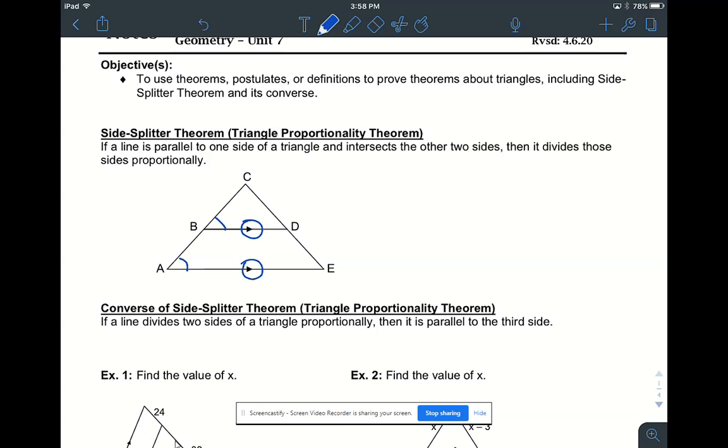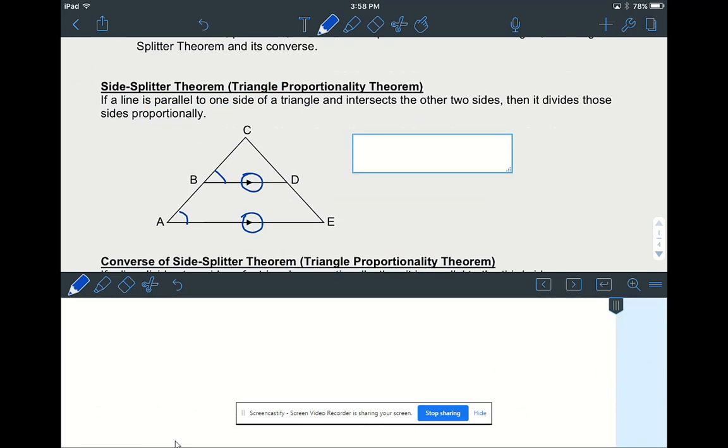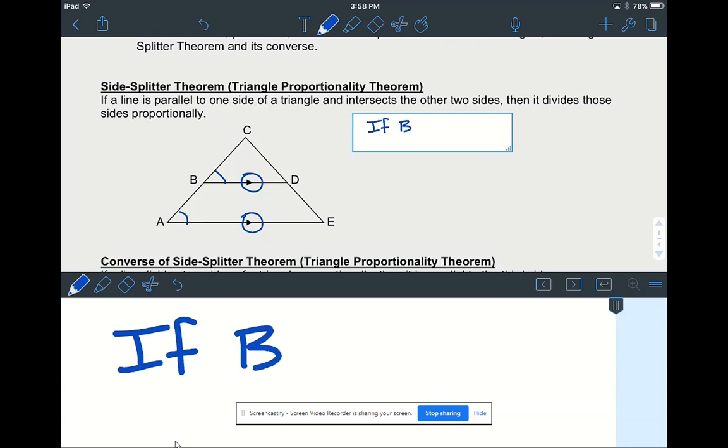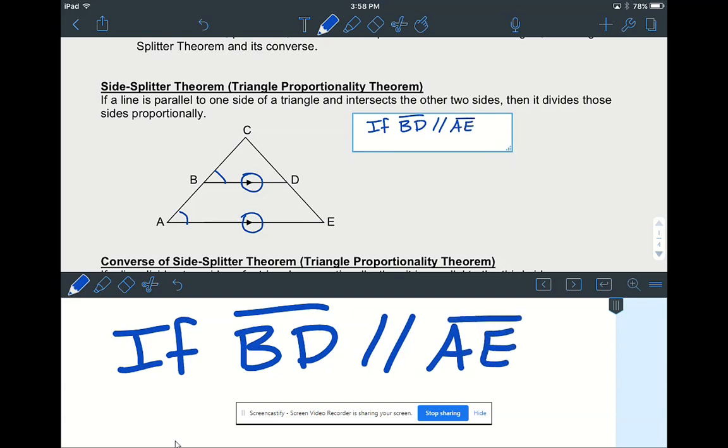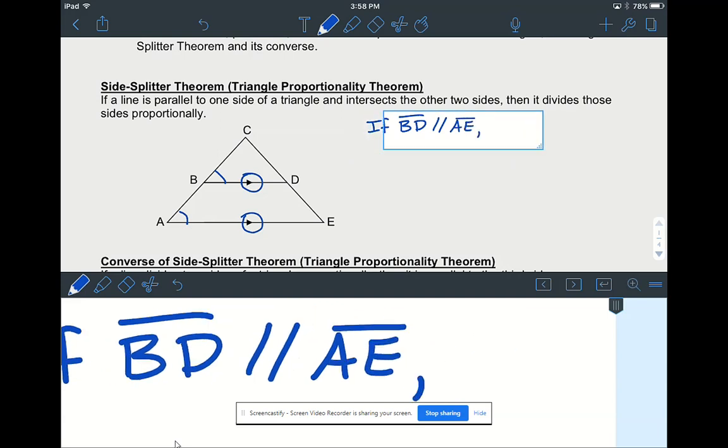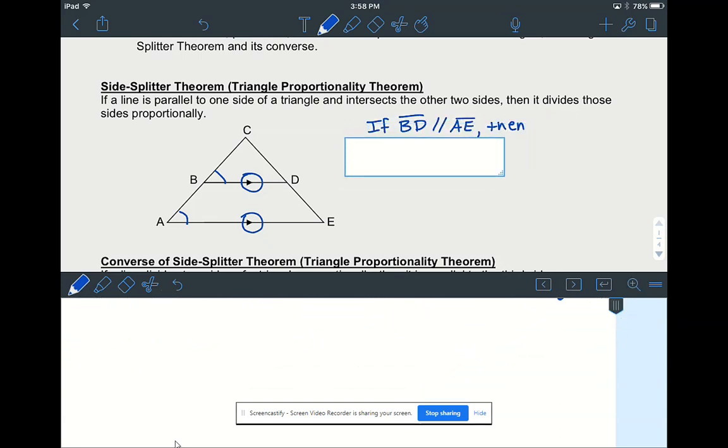So what this theorem basically says, and write this down, is if segment BD is parallel to segment AE, then you can state a few different proportions.